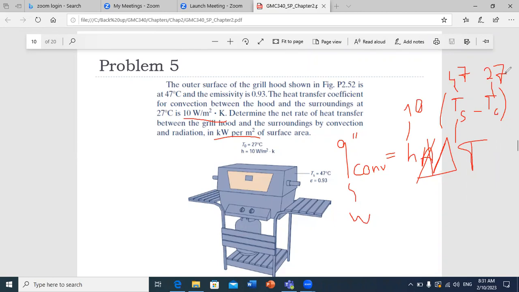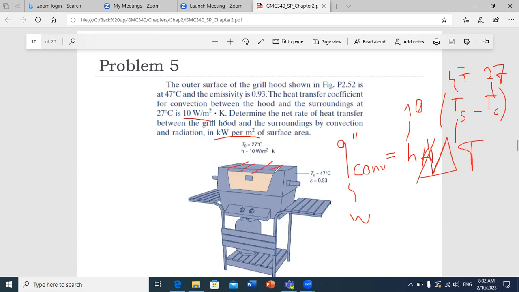Now, for radiation, since they gave us just the surface temperature, okay?